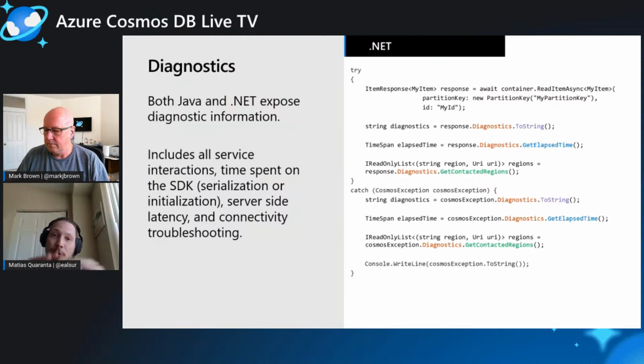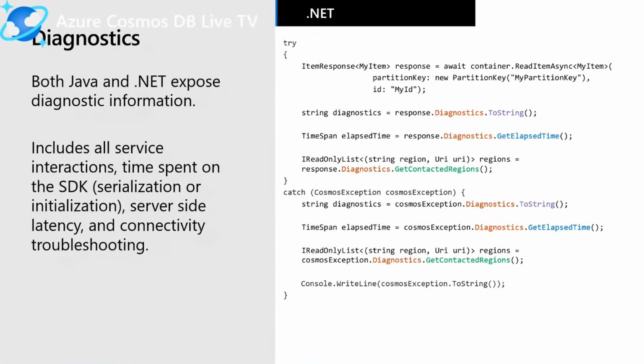Before going through all the different scenarios, one important thing is that both the Java and .NET SDKs expose some critical information in the form of what we call diagnostics. This applies either for success scenarios, where the operation completed successfully, or for failure scenarios. In .NET, we have the item response, or the response of the operation, and we have a property called diagnostics.